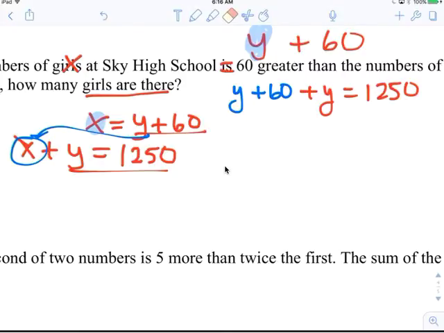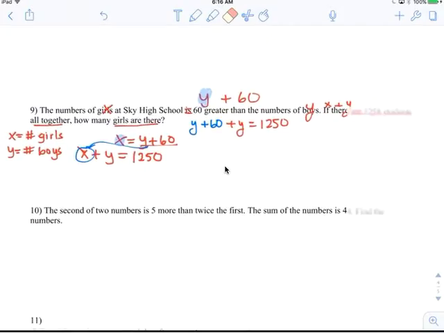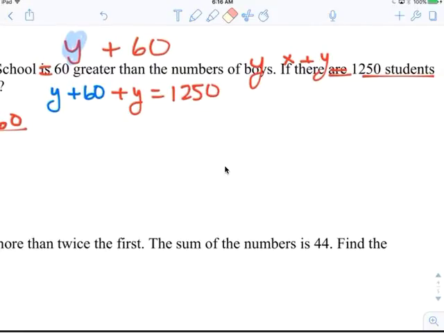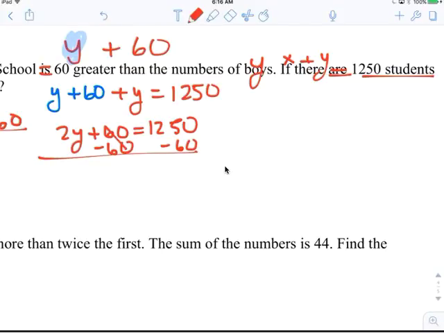And then you solve for Y. Y is the number of boys. Okay. So you get 2Y plus 60 equals 1250, minus 60. 2Y equals 1190.